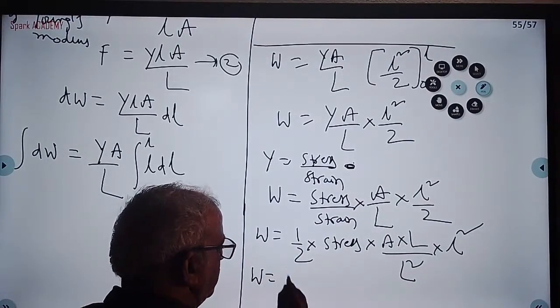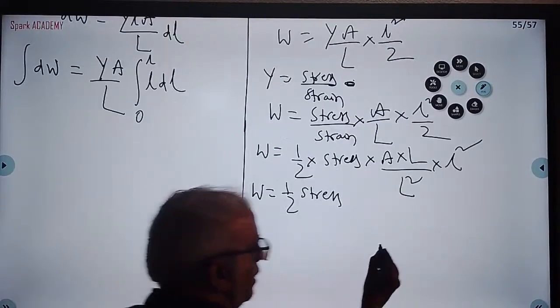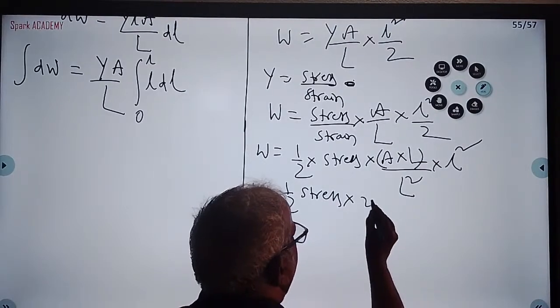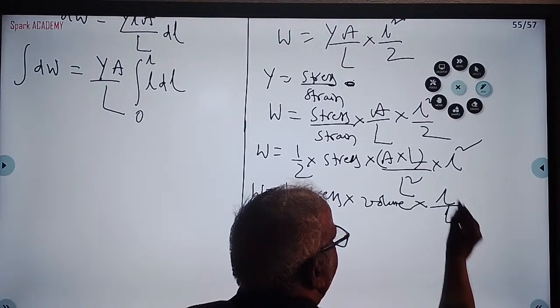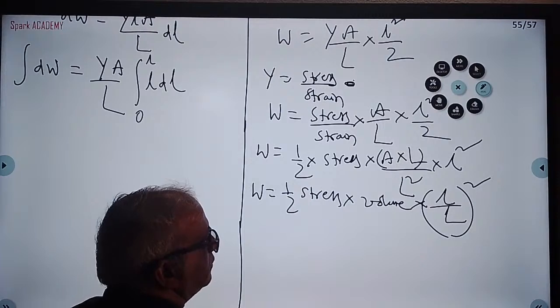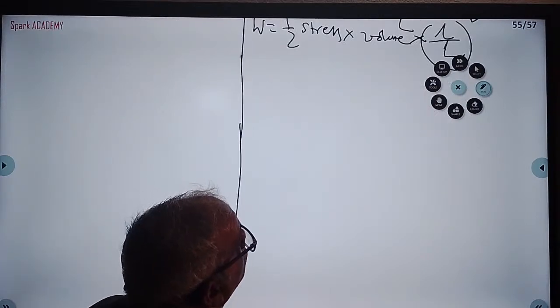Why am I doing this? Because L is already there, so it becomes L square. Area into length is called volume, into l by L whole squared. Small l by capital L whole squared.